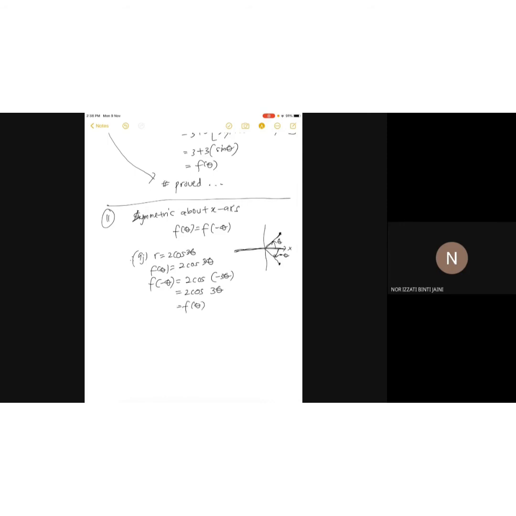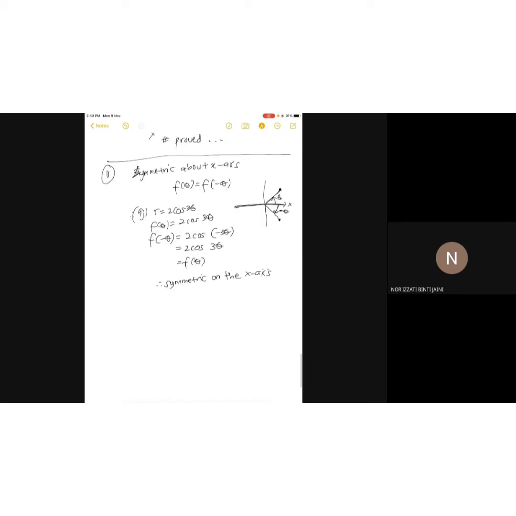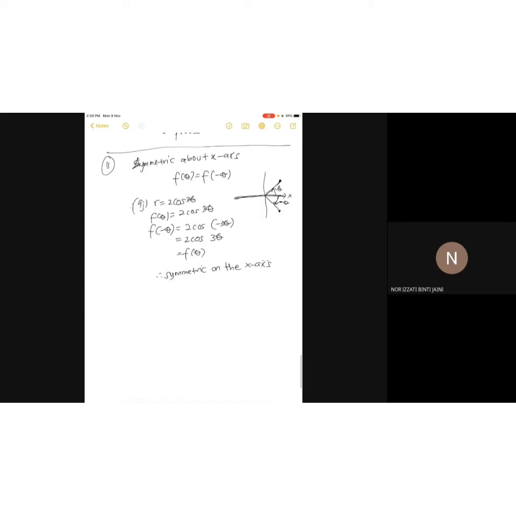Okay. So we say it is symmetric on the x-axis. Sama juga dengan 9k last ni, 4 cos 5 theta.